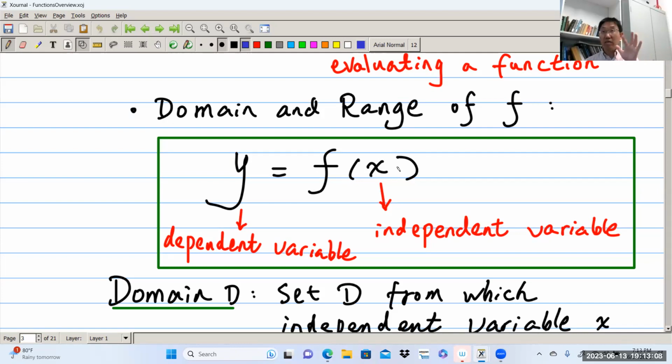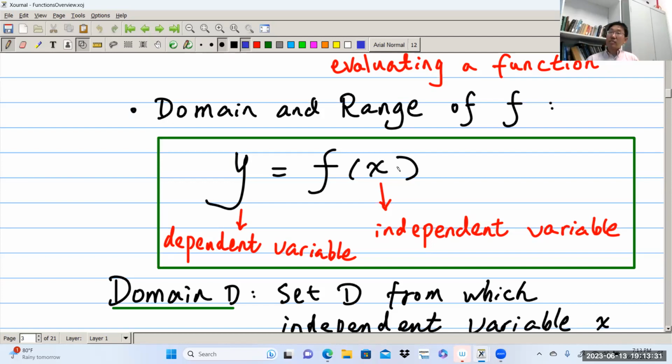Can you make sense of why x is independent and y is dependent? Once you provide x to that machine, y must be computed using that x. So y depends on x. The output depends on input.